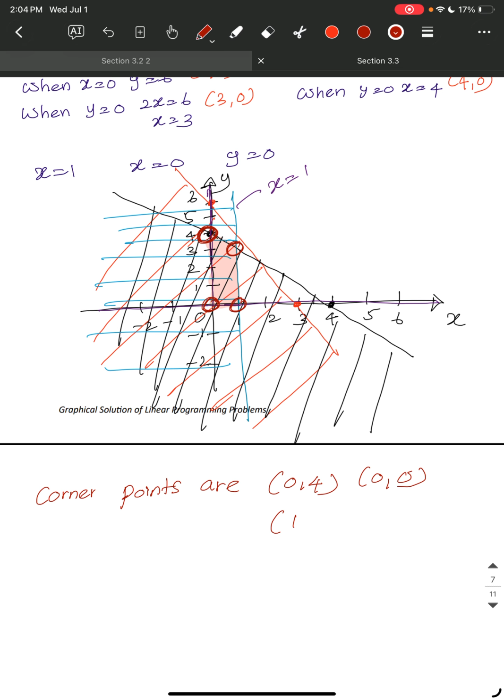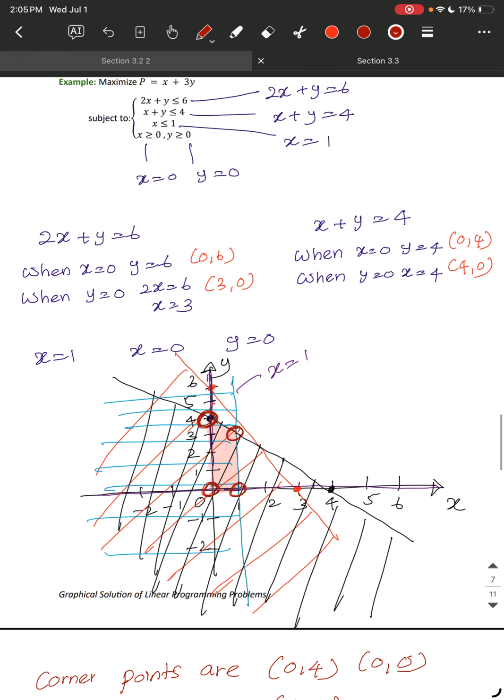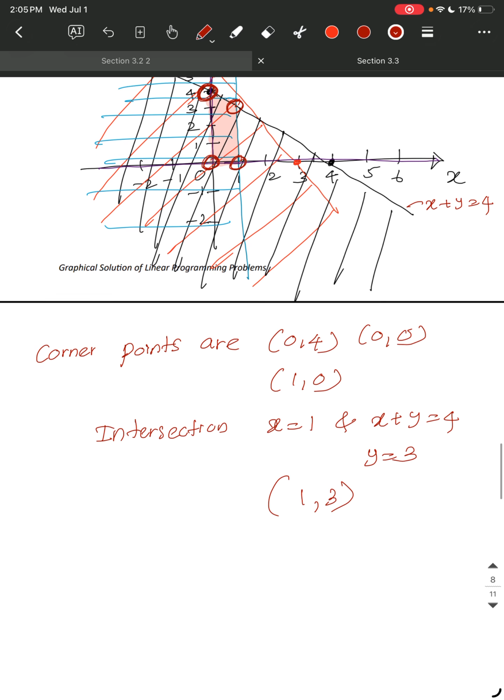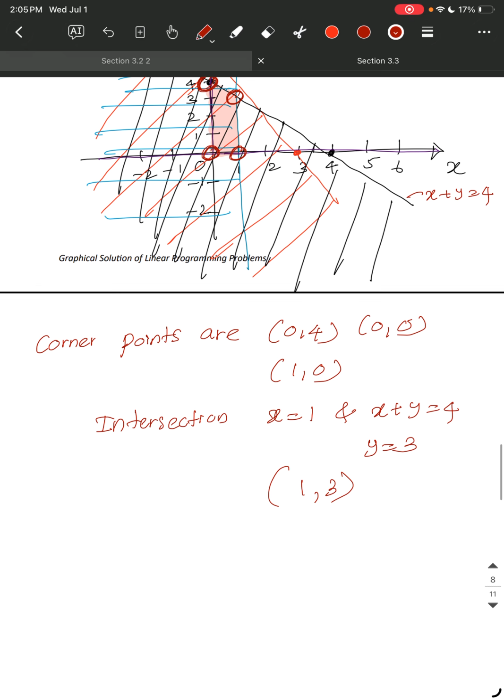This is (1, 0). We wanted to find this one out. That is the intersection of x equals 1 and that black line x plus y equals 4. So x equals 1, then y equals 3. So the intersection point is (1, 3). There are 4 corner points.